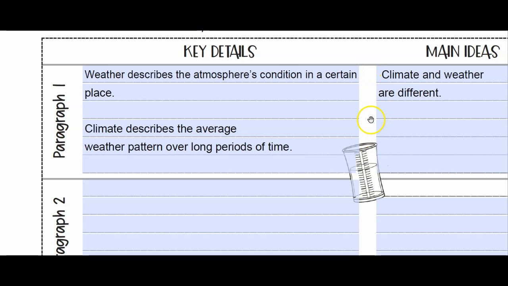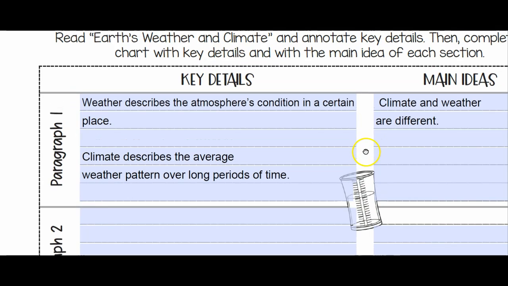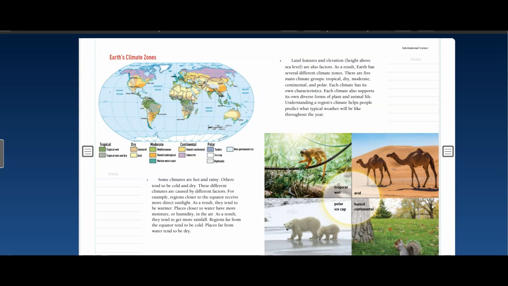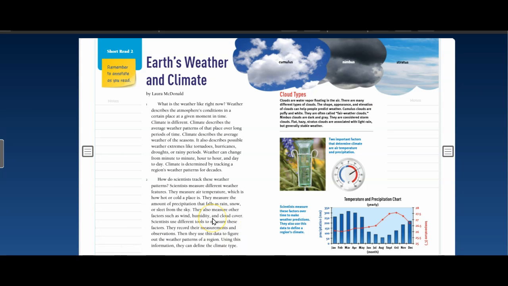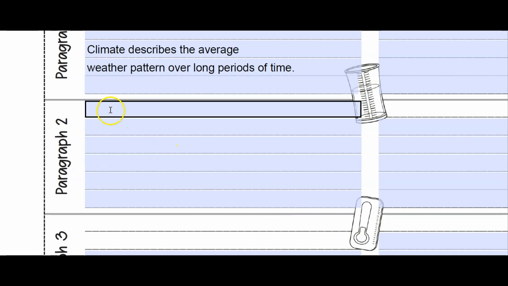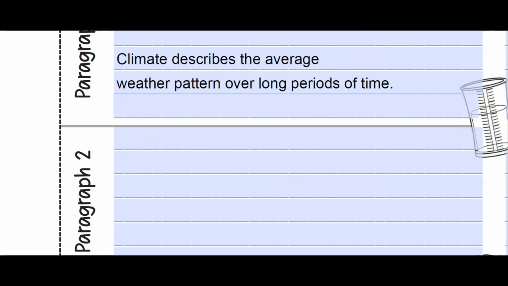So when we look at paragraph 2, okay, let's write some key details in paragraph 2. So we go back to the text. On page 6, paragraph 2 is right here. Okay. Some of the details there. Well, what do scientists measure? Now I'm going to go look at that paragraph.